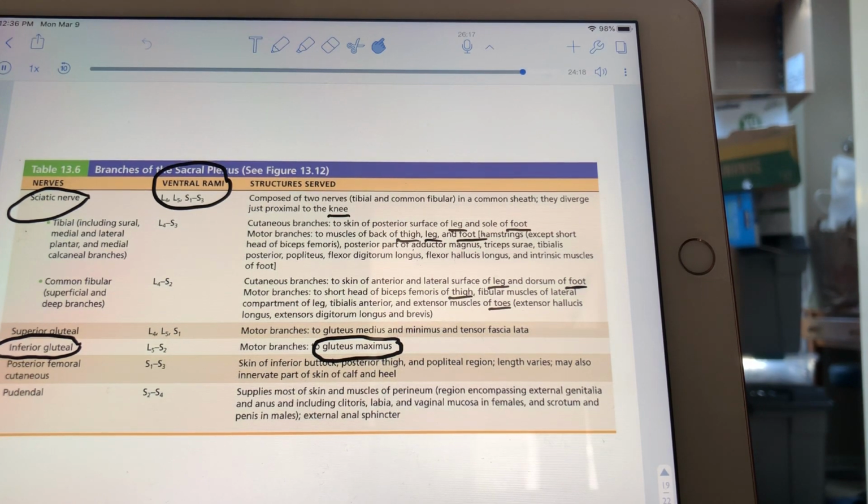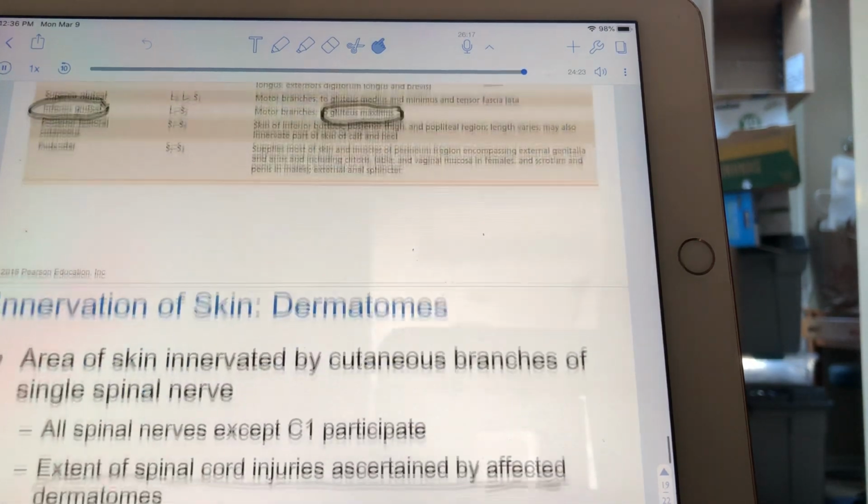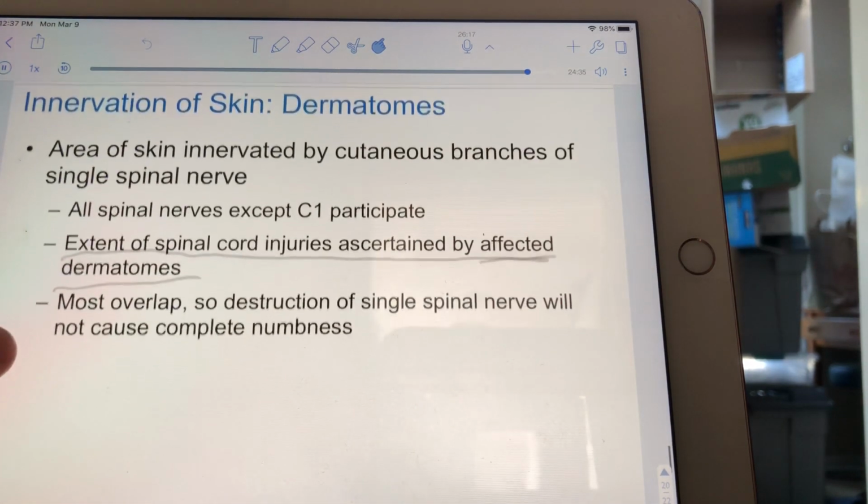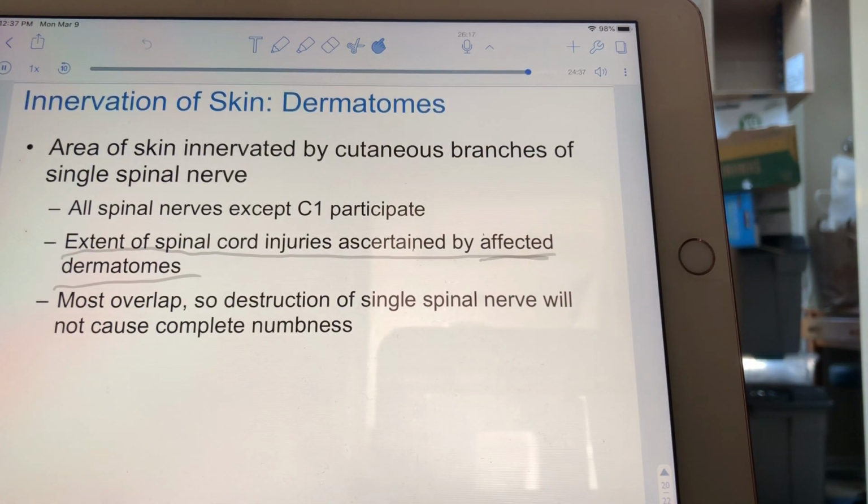So we're not allowed to freak out about spinal nerves. I think the trickiest parts are the rami communicantes and the sympathetic trunk. All right, moving to the next slide, which is number 20. Dermatomes are the regions of skin that are also innervated by branches of spinal nerves, and almost all of the spinal nerves participate in establishing the dermatomes.